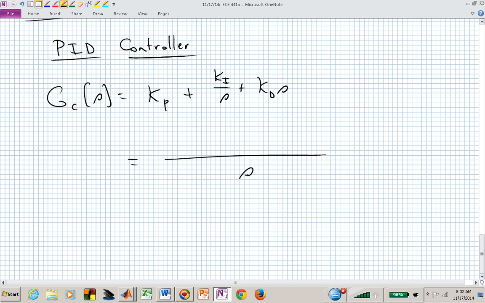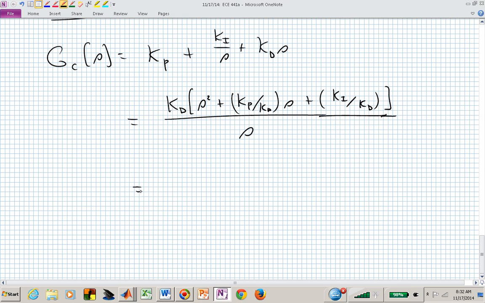And if we put all of that over a common denominator, we have k_d (s squared plus k_p over k_d s plus k_i over k_d) over s. Or we could think of that as some gain and a combination of two zeros. That's our PID controller structure. Or you could have complex zeros.